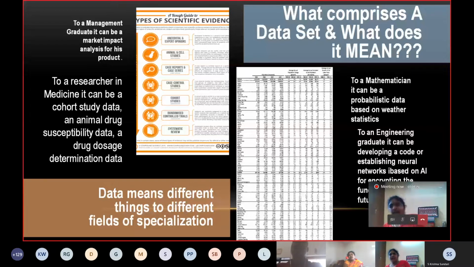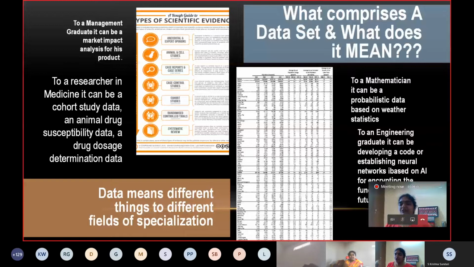So like I have said, data set means different things to different people. If you are a management graduate, data means something different to you. If you are a law student, data means something different to you. If you are a medical student, a pharmacy student, a biotechnology student, a social sciences student, the data and the data set mean different things to different individuals.